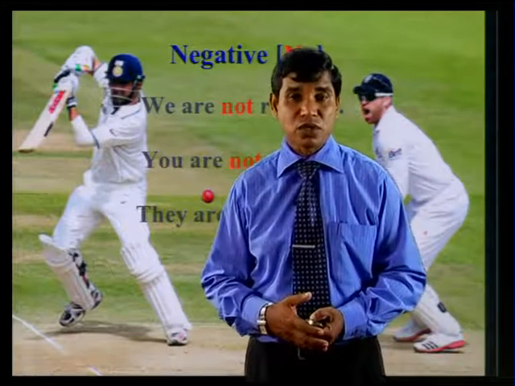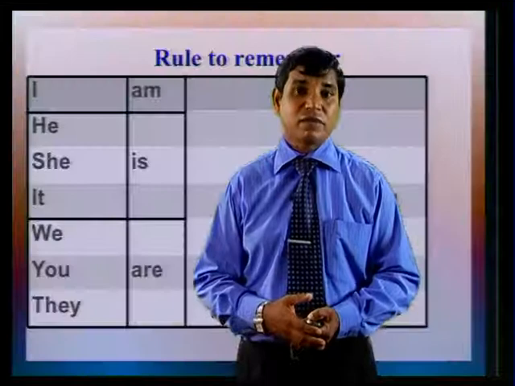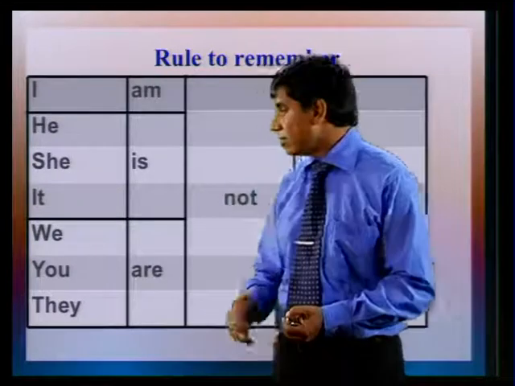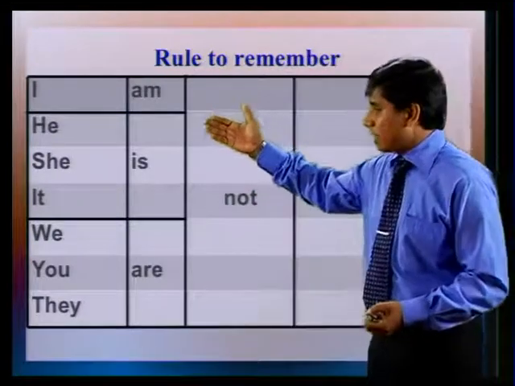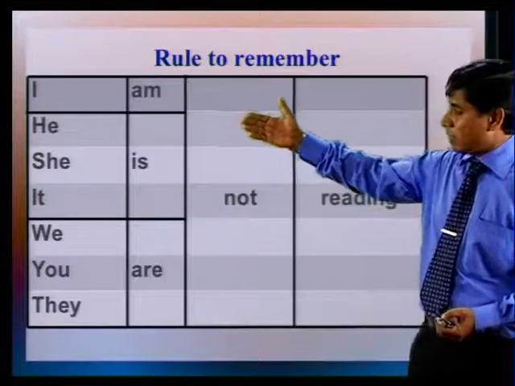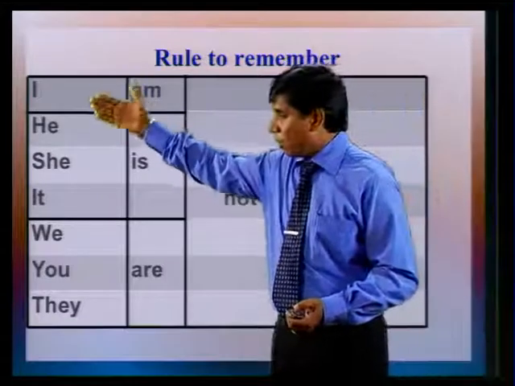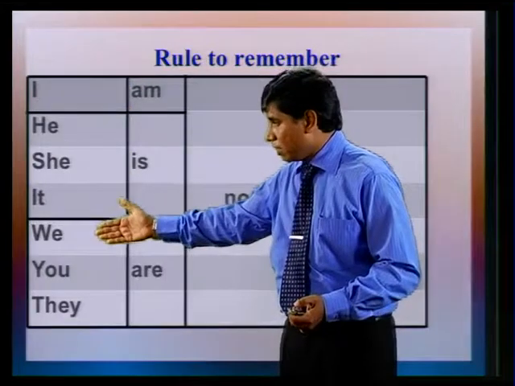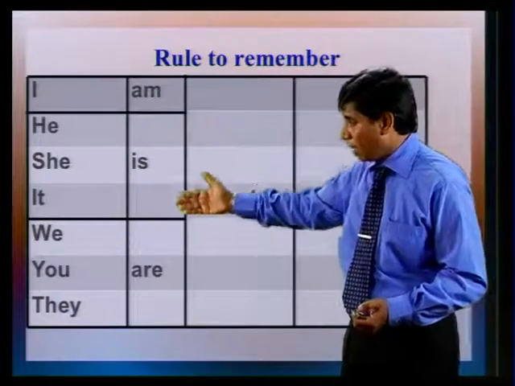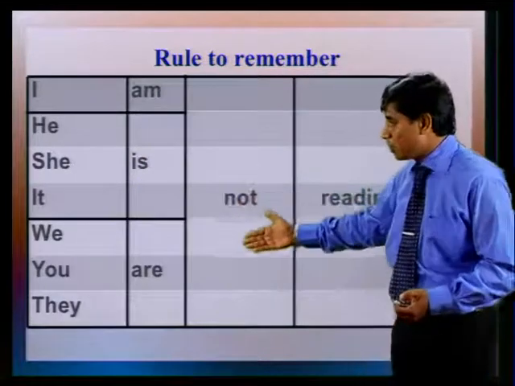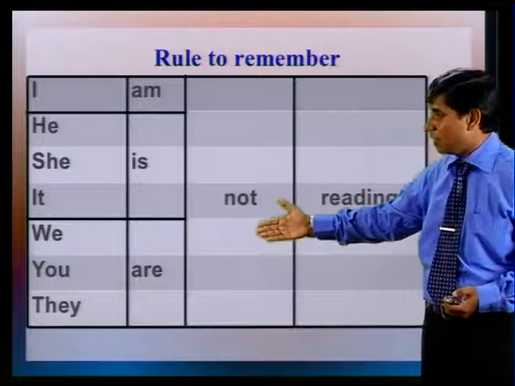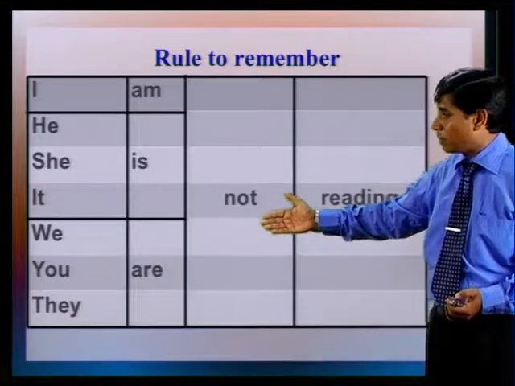Okay, that's how you make the negative forms in present continuous. Now the rule is this. As we discussed earlier, you can start sentences using one of these words. Remember to use am, is, are, but the special thing that you have to add here is, if it is negative, you add not.